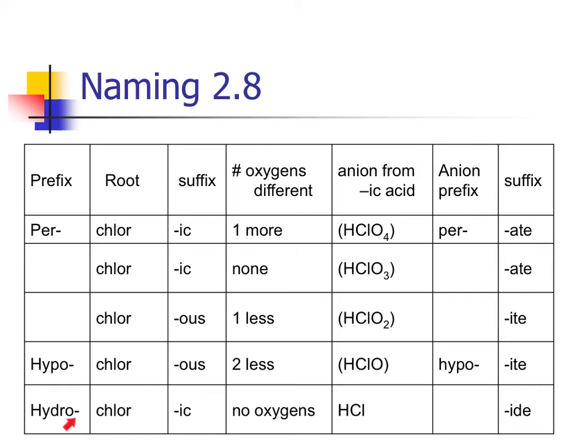And hydro indicates that there is no oxygen present, as it says there. This chart also goes from the maximum number of oxygen for the example one, and that is the chlorine-based polyatomic ions, and then the chlorine-based acid and hydrochloric acid.